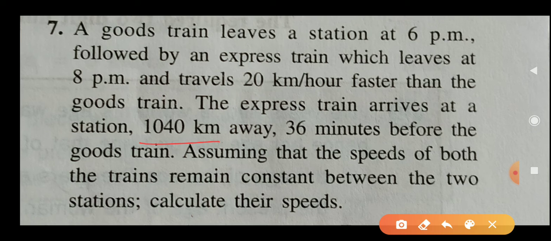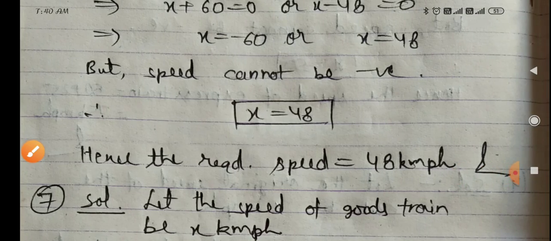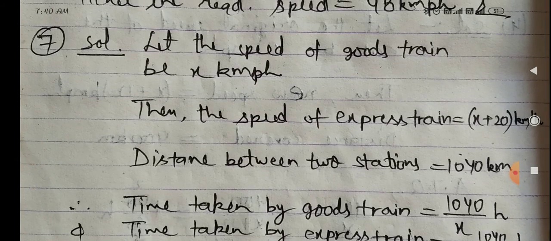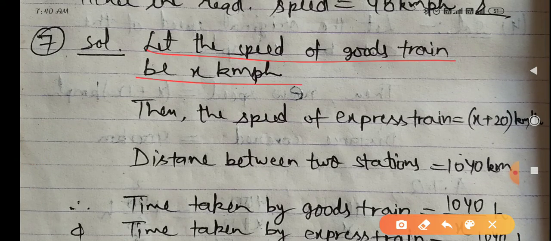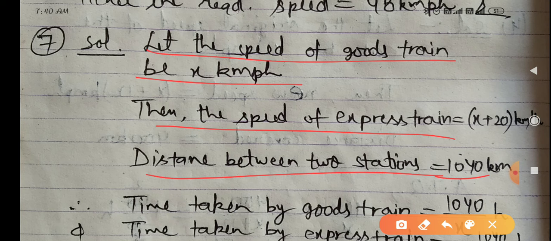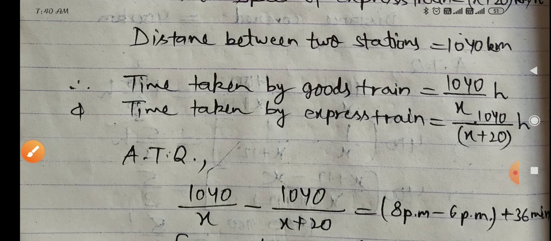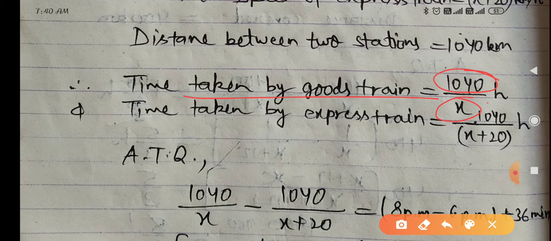Let the speed of goods train be x, then speed of express train x plus 20 km per hour. Distance between two stations 1040 km. Then time taken by goods train is distance covered by goods train upon speed of goods train. Distance covered is 1040, speed is x. So 1040 upon x hours is the time taken by goods train.